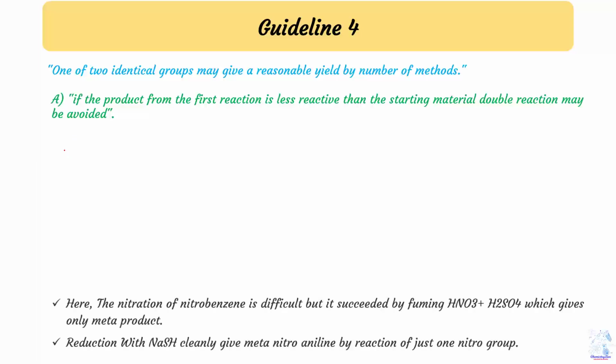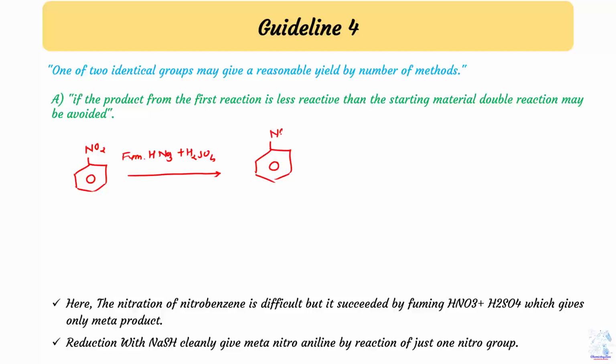That example is here: I have nitrobenzene, which you might understand the structure of. If I react nitrobenzene with fuming HNO3 and H2SO4, I get dinitrobenzene. It is very easy to understand.